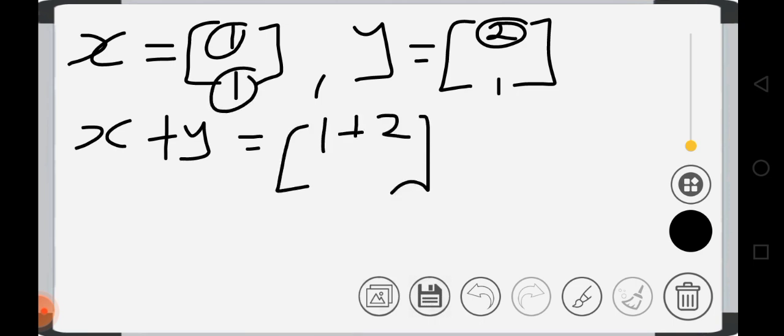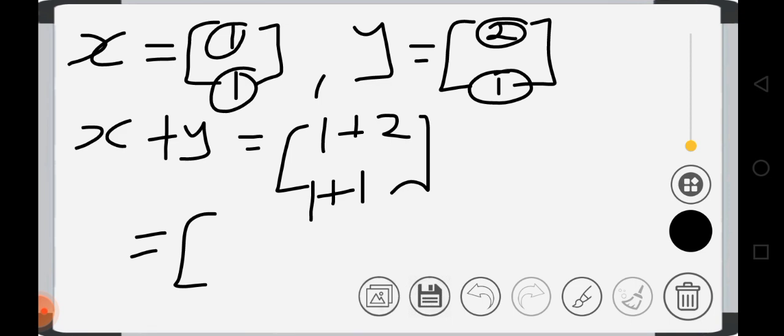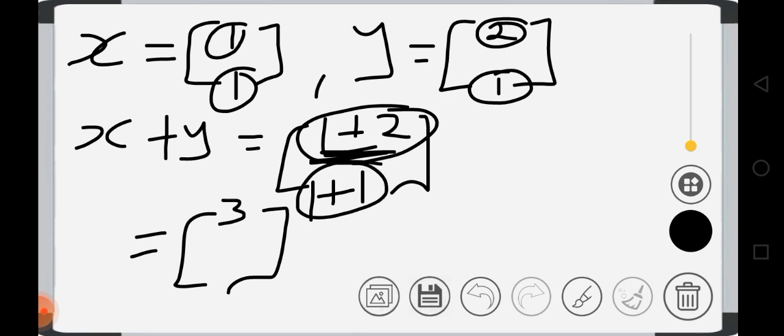Then the downside, this plus this, which is 1 plus 1. So 1 plus 2 will give us 3, and 1 plus 1 will give us 2. It's as simple as that.